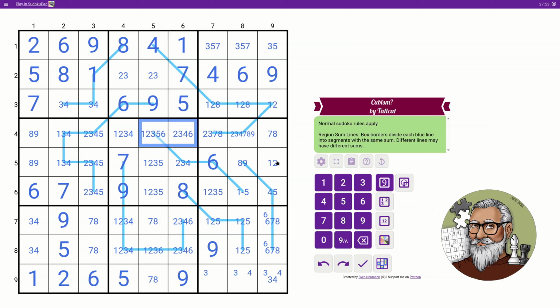And now I'm still not completely resolved, right? Can this be 6? If that's 6, that's 2. Why would that matter? Oh, this can't be 1. That's probably more important, right? And this can't be 2 either.